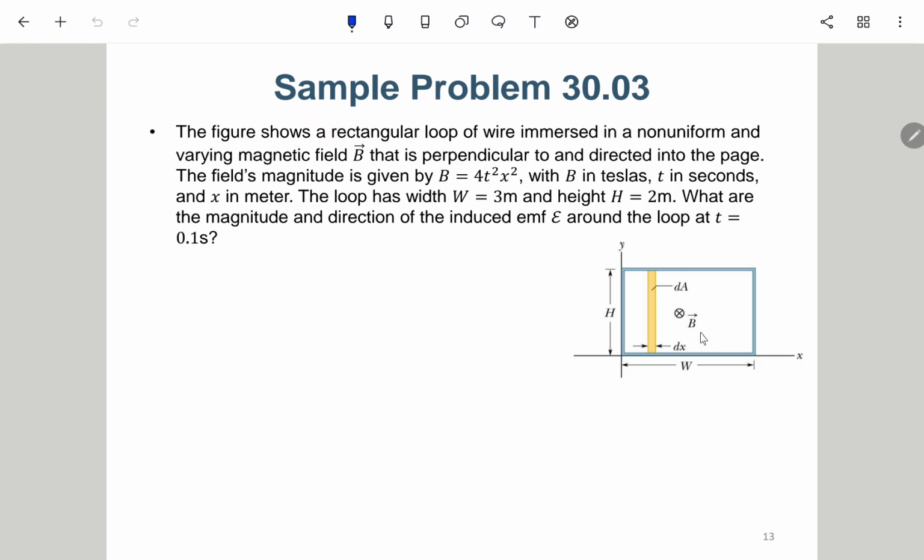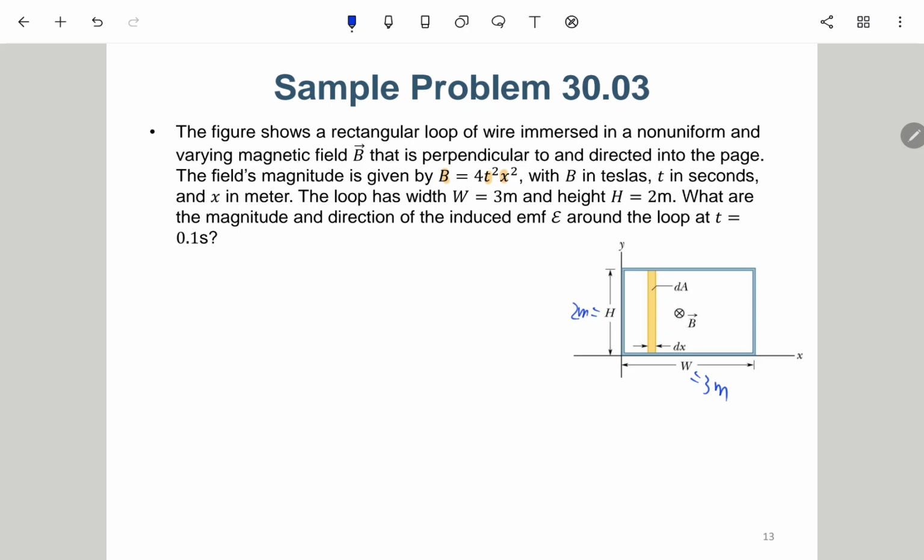The field magnitude is given by this expression. So B is related to the time and also the x-axis, not the y-axis, hopefully. With B in tesla, t in seconds and x in meters, the loop has width W of 3 meters, and H is 2 meters.